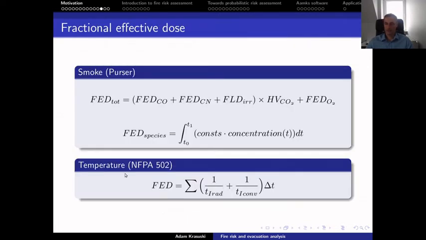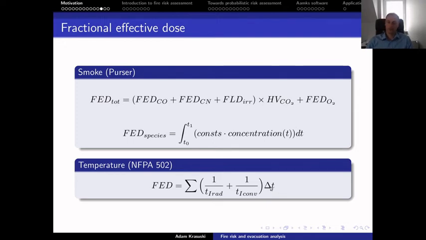And regarding the temperature effect on the body of the evacuees, we have also defined a fractional effective dose which takes into account the radiation heat and the convective heat. And also this effect is related to the time of exposure.